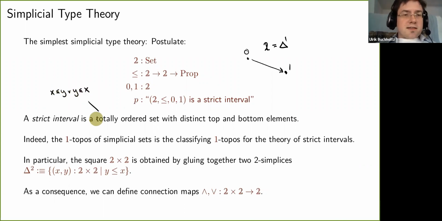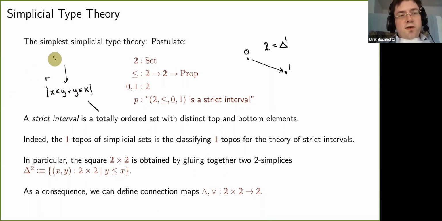That's the totality axiom. This, of course, is the join of these two propositions. So if you think of this as a subtype of the square, it's the whole square, but it's also going to be a push out because it's a join.